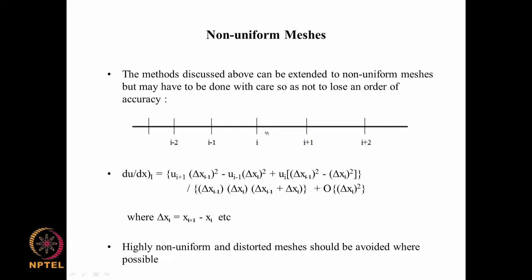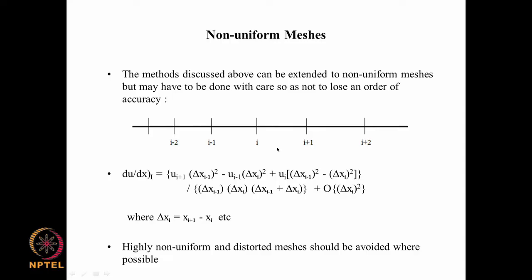But in this particular case, because delta x_i is different from delta x_(i-1), they do not cancel out. So in order to derive a proper formula, we have to multiply one expansion by delta x_(i-1) and the other by delta x_i, and then do further algebra to cancel out those second derivative terms in order to derive a second order approximation.